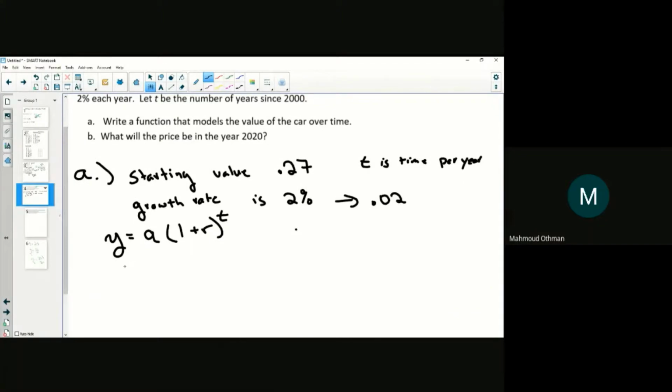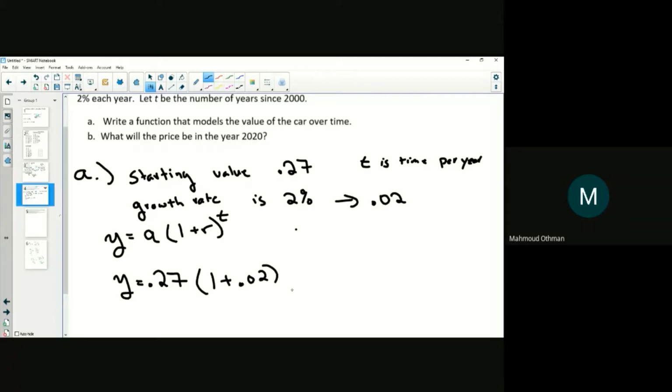So now I'm going to rewrite my equation. I have y equals my starting value, which is 27 cents or 0.27, times 1, which represents you keeping your starting amount, plus my growth rate, which is 0.02.